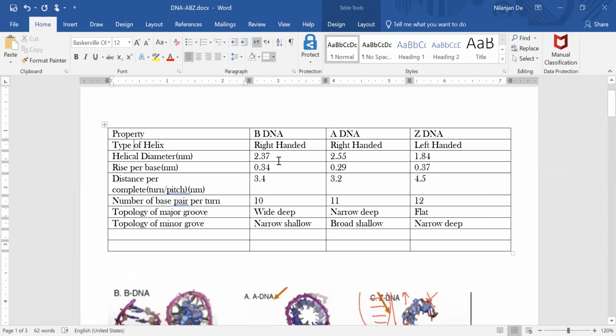As I was explaining about this, the helical diameter means when we observe from the top. That is what this helical pattern, the folding, is, like you have studied something called the right hand thumb rule. So the folding that is going in that direction is what a right-handed helix is, and likewise a left-handed helix.